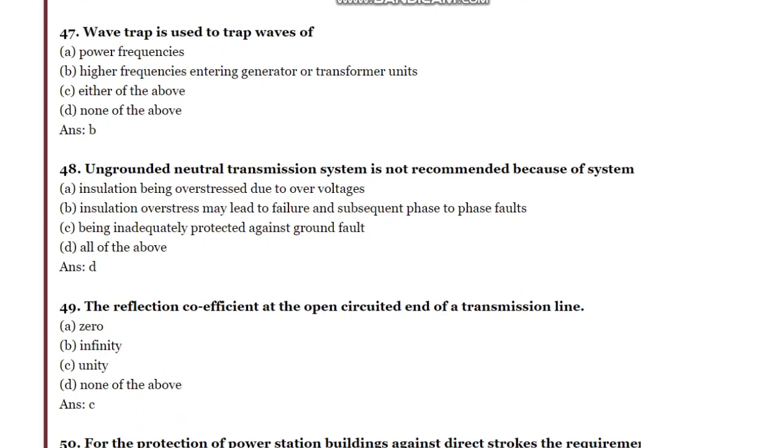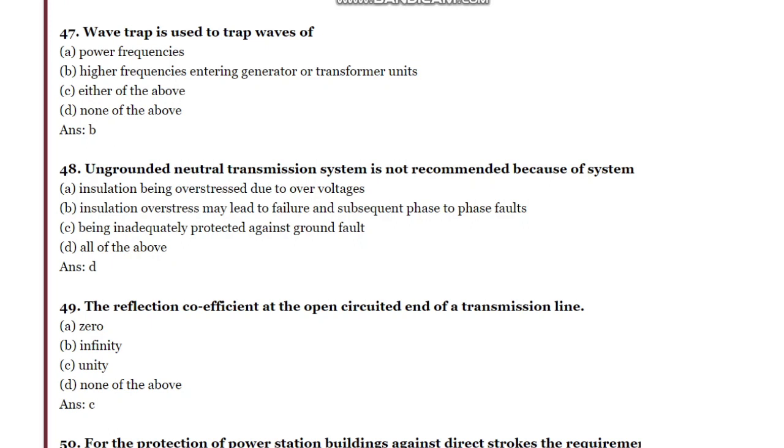Then wave trap is used to trap waves of higher frequencies entering generator or transformer units. Question number 48: ungrounded neutral transmission system is not recommended because of B, that is insulation overstress may lead to failure and subsequent phase-to-phase faults.